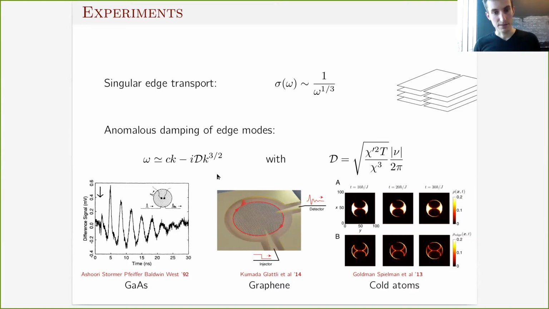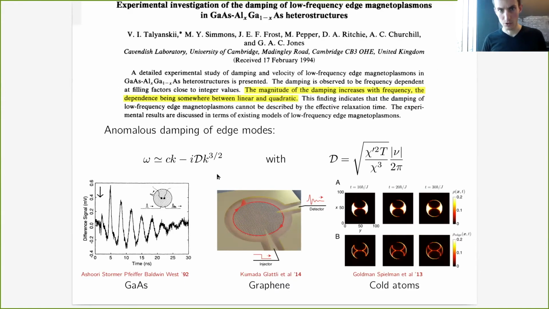And this, it seems, hasn't been studied too much in experiments. We only found one paper, which actually is very promising, but it's a pretty old paper. And what they found is that the magnitude of the damping increases with frequency, the dependence being somewhere between linear and quadratic. And that's very nice because 3/2 is probably between linear and quadratic. So that seems promising, but it would be nice to have a more modern experiment test these things.